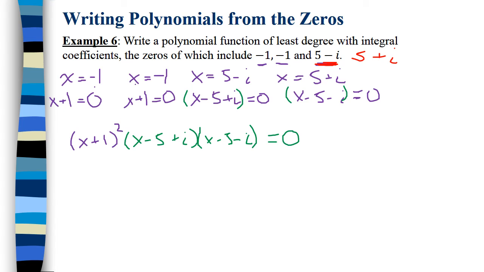And so just like we did before, we're going to go ahead and distribute these two factors so that we can simplify the i.